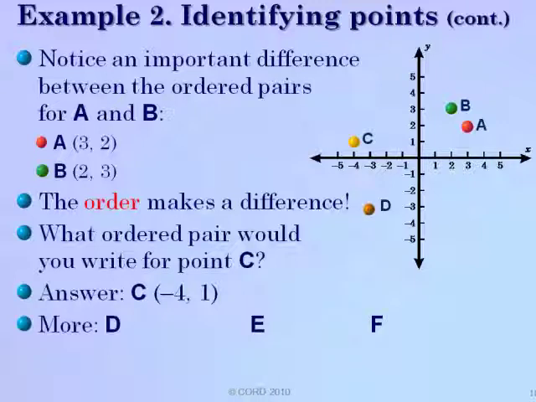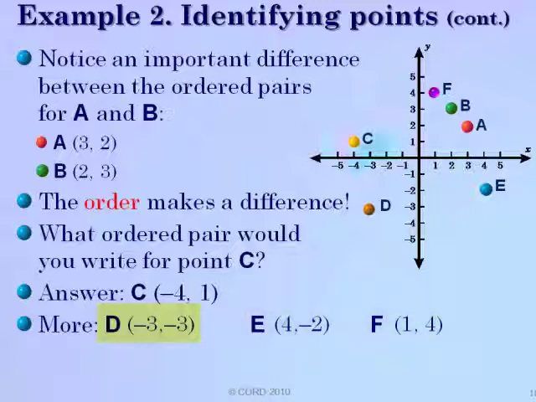Here's some more points. Can you identify their ordered pair values? Well, here's the answers revealed. If you didn't have time to get them all, you can back up this video and try to look at it again.